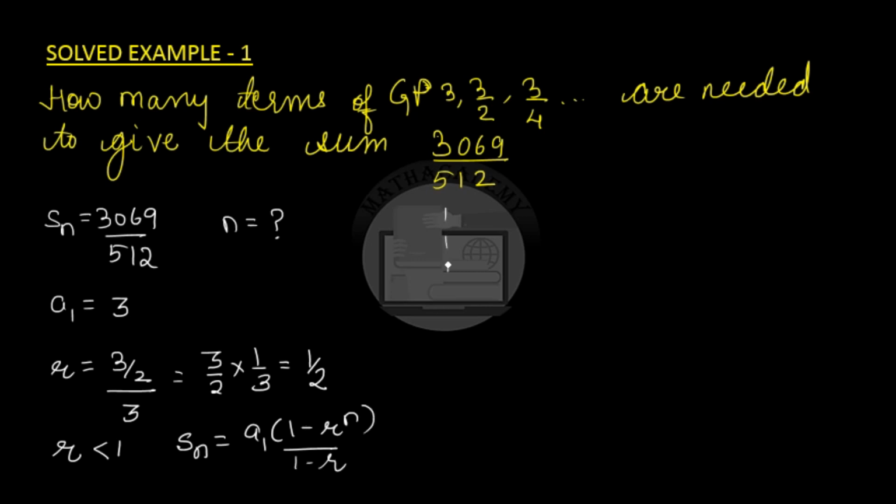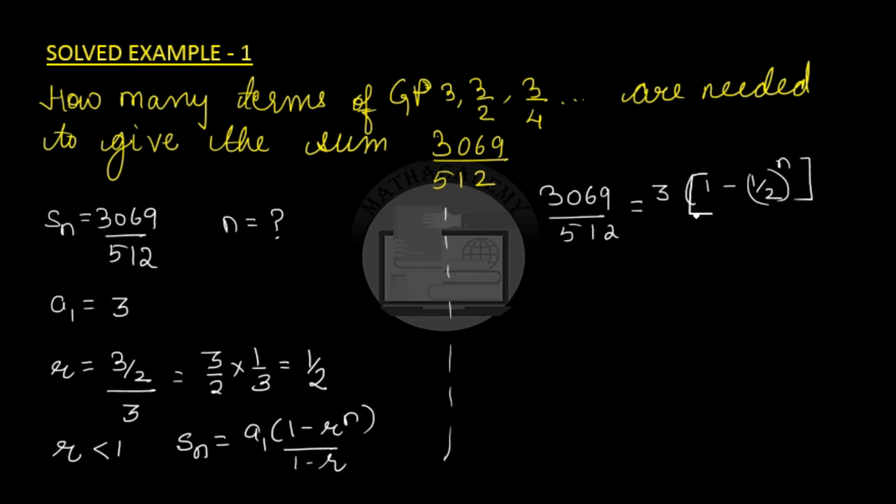Now let us try to solve it. Let us put in the values. Sn, 3069 over 512, is equal to a1, which is 3, times 1 minus 1 by 2 to the power n, whole over 1 minus 1 by 2.